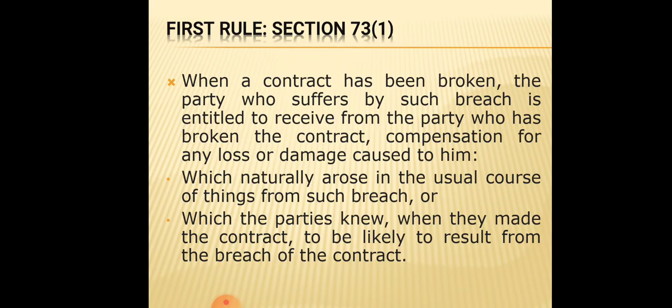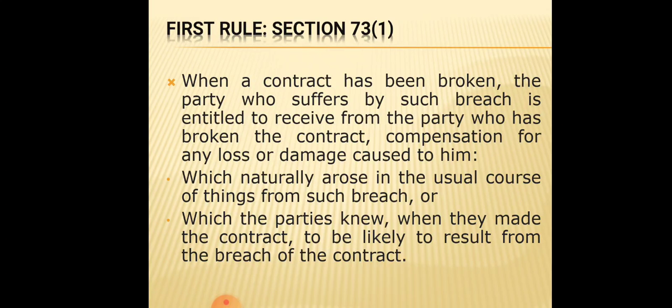So suppose one party is breaching a contract, in that case the other party may have that kind of remedy and can get compensation or damages for the loss or injury suffered, which naturally arose in the usual course of things from such breach.